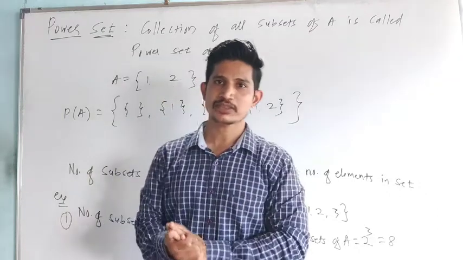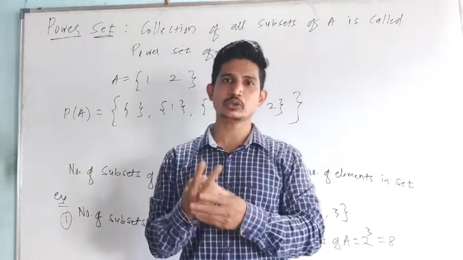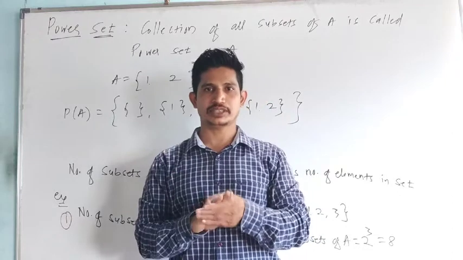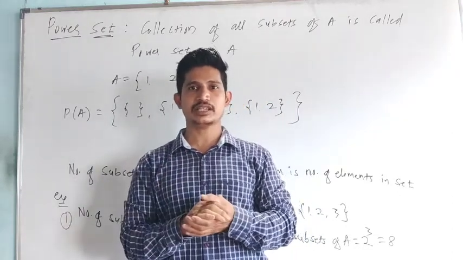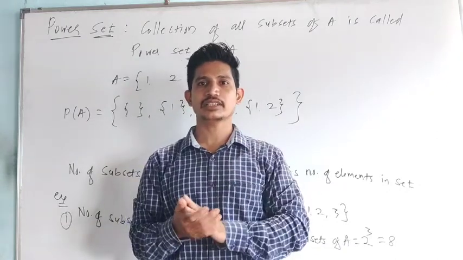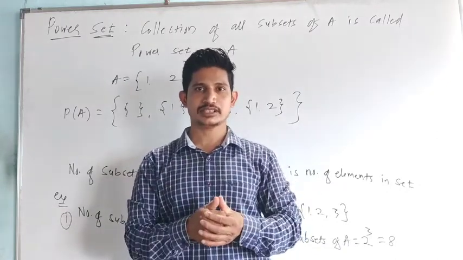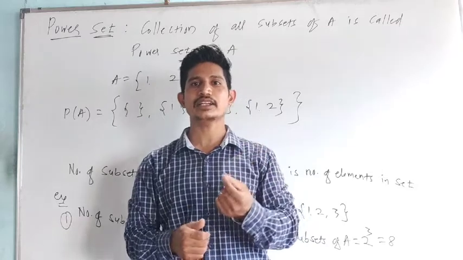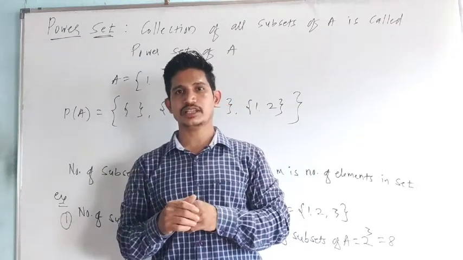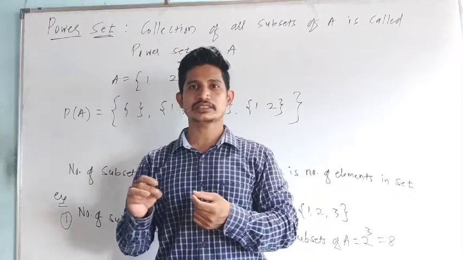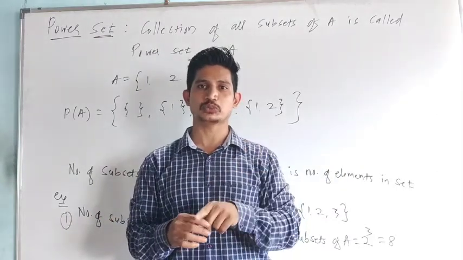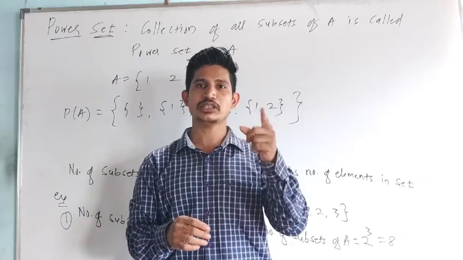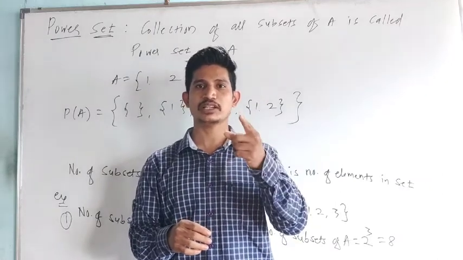Got it now? Always remember that if there are 2 elements, there are 4 subsets. If there are 3 elements, there are 8 subsets. If there are 4 elements, there are 16 subsets. If there are 5 elements, there are 32 subsets. If there are 6 elements, there are 64 subsets, and so on. That is the power of 2: 2 raised to 3, 2 raised to 4, 2 raised to 5, 2 raised to 6.